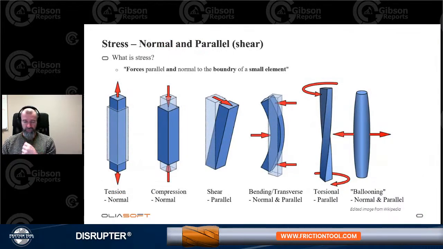So we can do basically the exact same calculation for drill pipes. The main difference between doing stress calculation on drill pipes compared to casings is that we are actually in movement, right?